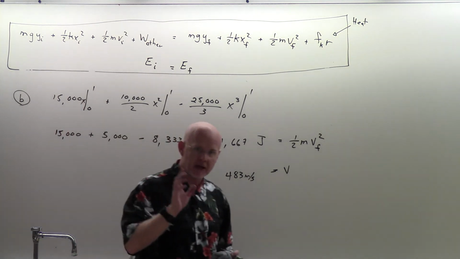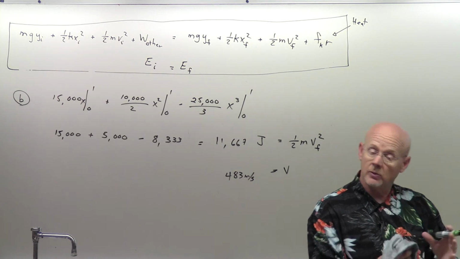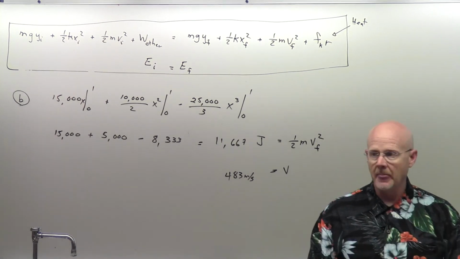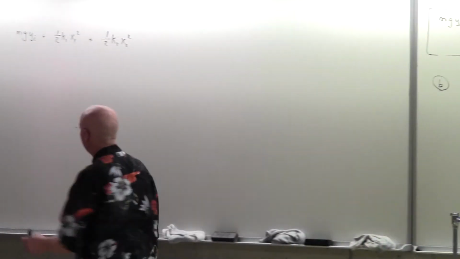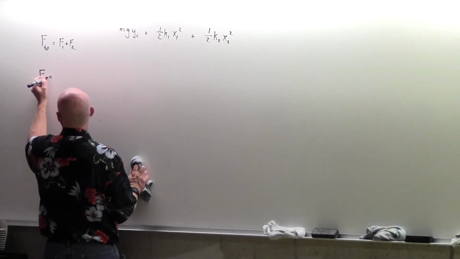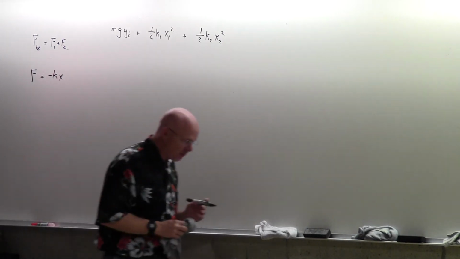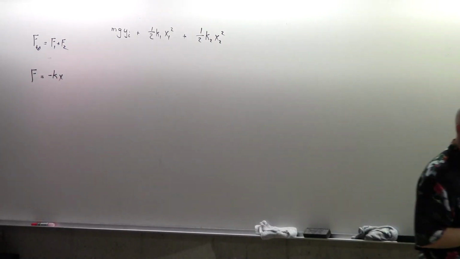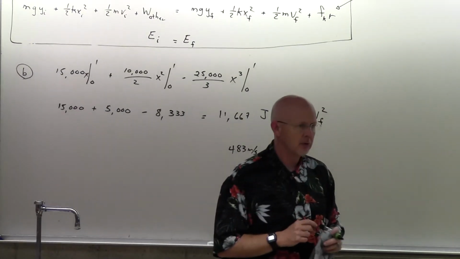But I picked this one because it illustrates something important with Hooke's law. Let me emphasize it again. We did it last time when we were deriving it. The Hooke's law, maybe I should put it over here, minus kx. There was something important about that equation. What was it? Where does x equal to 0?